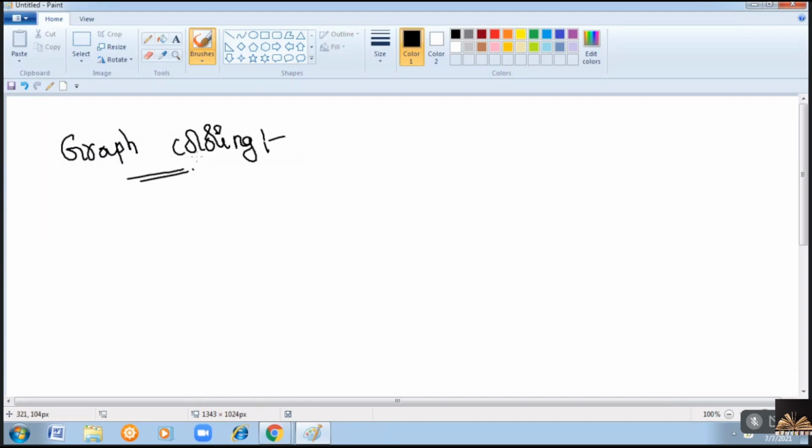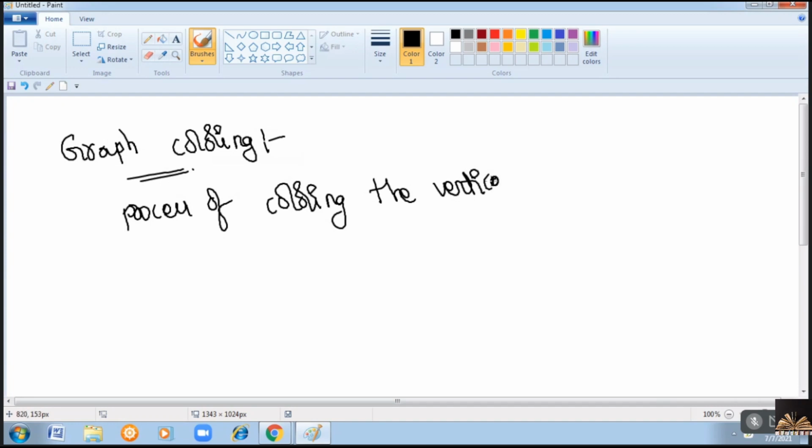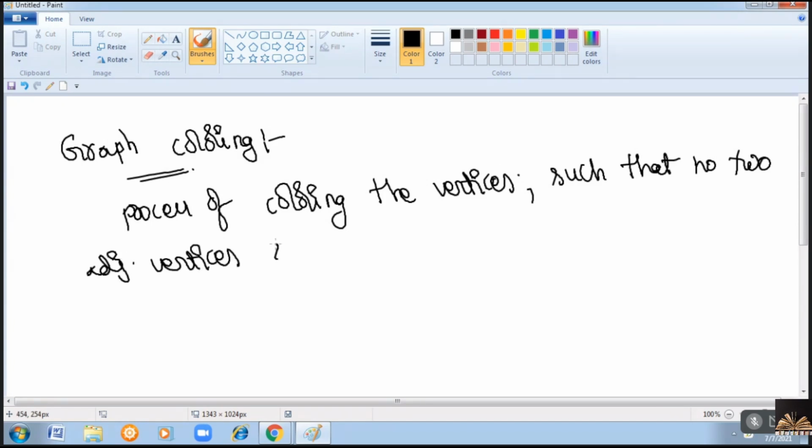Graph coloring is the process of coloring the vertices such that no two adjacent vertices should have the same color. This is what graph coloring means. Clear?